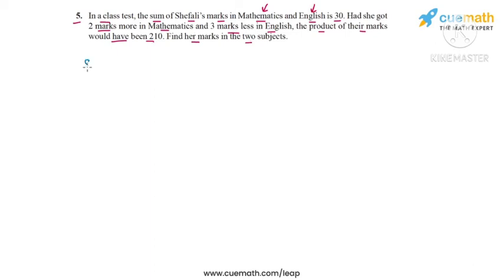So let's say that Shefali's math marks are x, and because the sum of Shefali's marks in math and English is 30, this means that Shefali's English marks will be 30 minus x, because what we want is the sum of the 2 marks to be 30. So if her marks in math are x, then her marks in English must be 30 minus x.